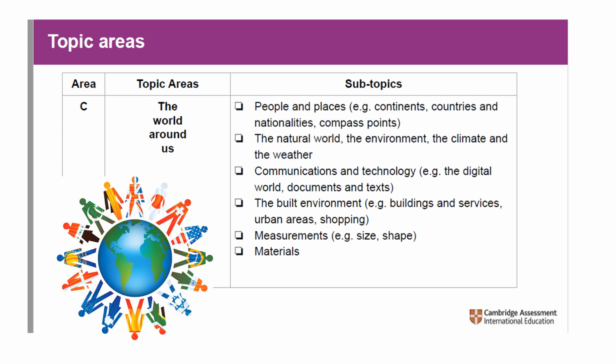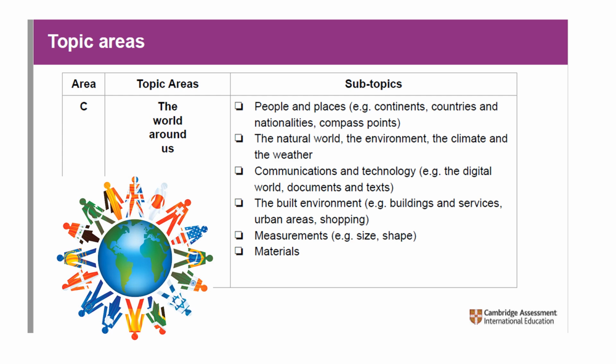Okay, now that we are in topic area C, it's about the world around us. This is where we start talking about people and places from another country. We talk about compass points or directions and nationalities. Also the natural world, environment, climate and weather. We also talk about communications and technologies, like sending emails or making phone calls and so on.